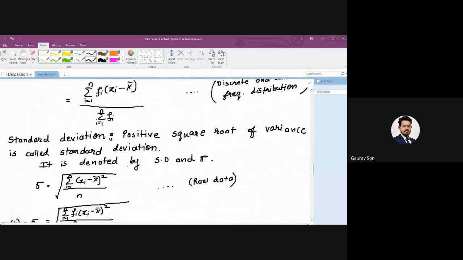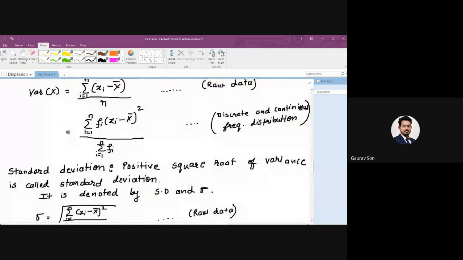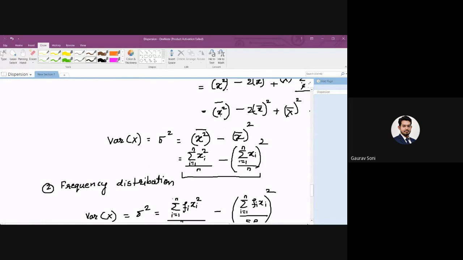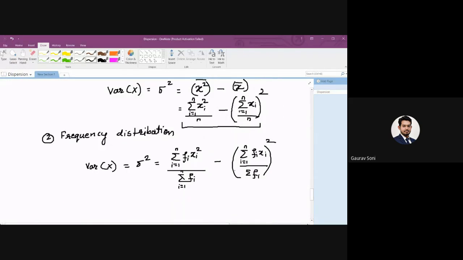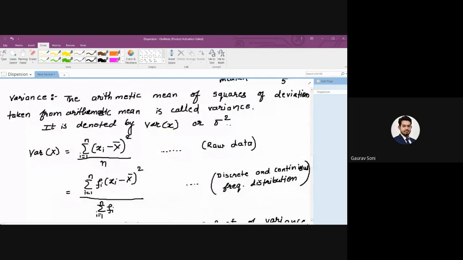But while you are doing the calculations, this formula turns out to be much easier, because in the first formula you will have to find out the mean first and then use it to find out the variance.